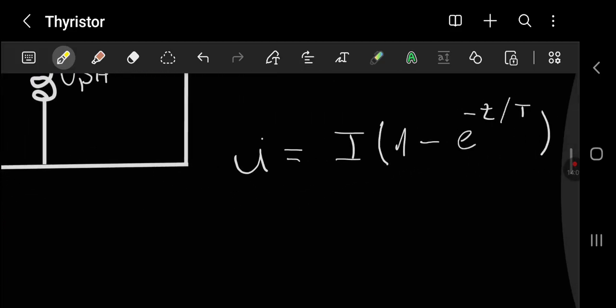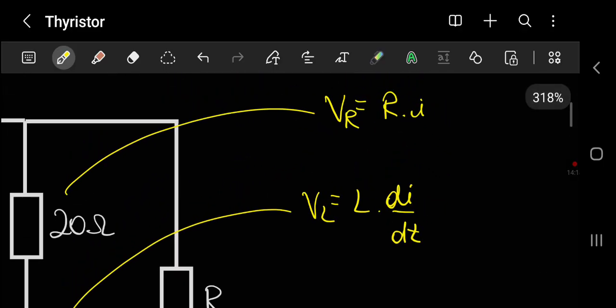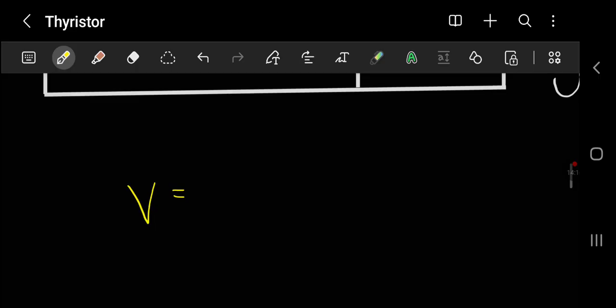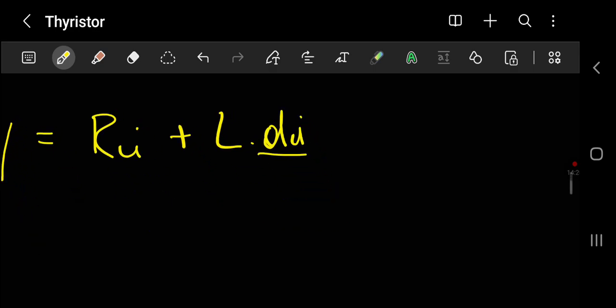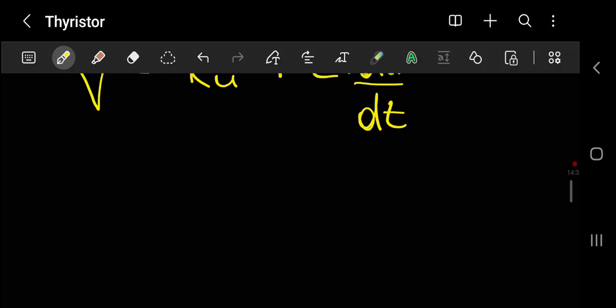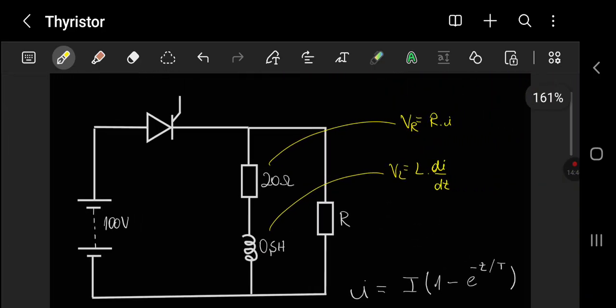Okay, so in the equation, this is a first order differential equation, and it's IR plus L di/dt, just repeating the equation and passing this to the Laplace domain.